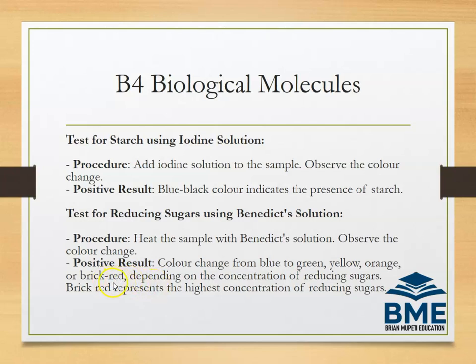Now, the color also determines the concentration of the reducing sugar, with brick red indicating the highest concentration of reducing sugar, followed by orange, then yellow, then green. So green indicates the least reducing sugar. If the test just gives you a blue color, then that means that there is no reducing sugar present.